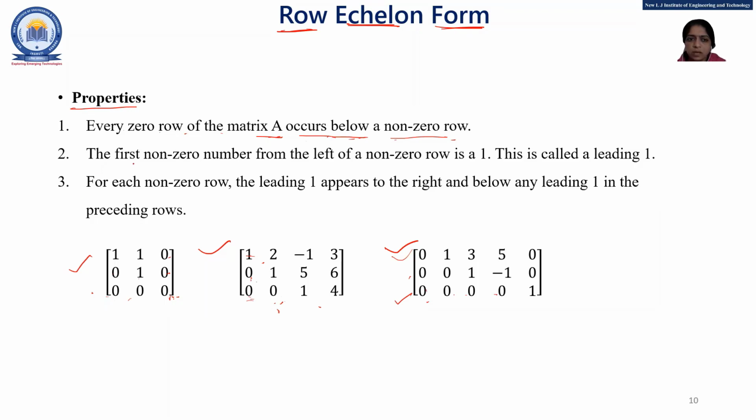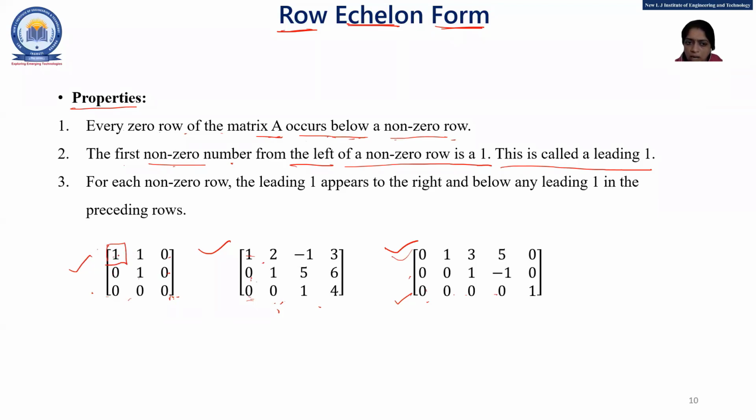The second one: the first non-zero number from the left of a non-zero row is a 1. This is called the leading element 1. Listen carefully. In this case, our first row is a non-zero row and your first number should be 1.